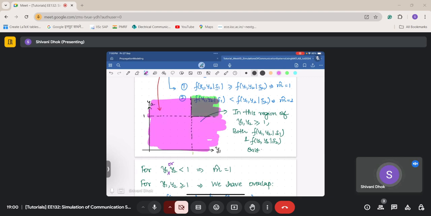Here you decide m hat equal to 1, and here you decide m hat equal to 2. So what mistake I made here is it's not this region.